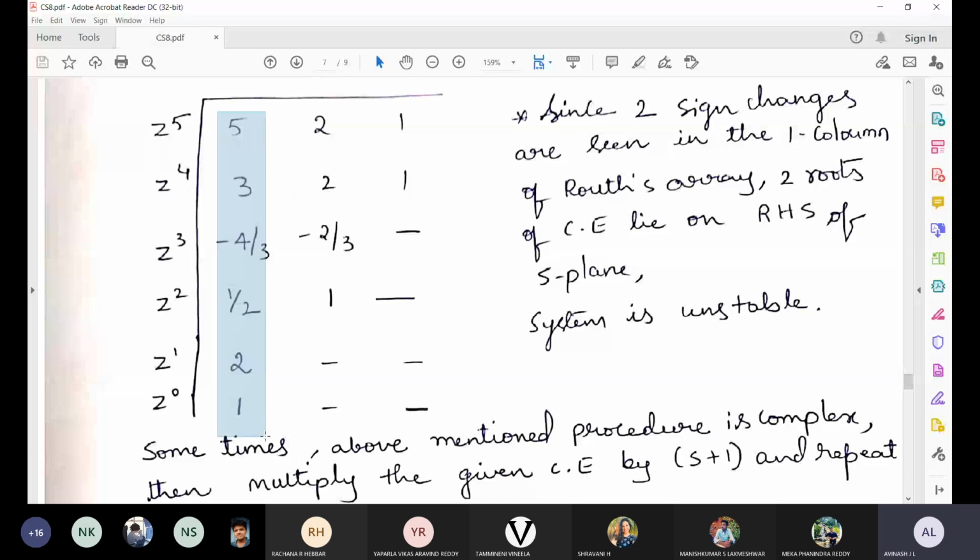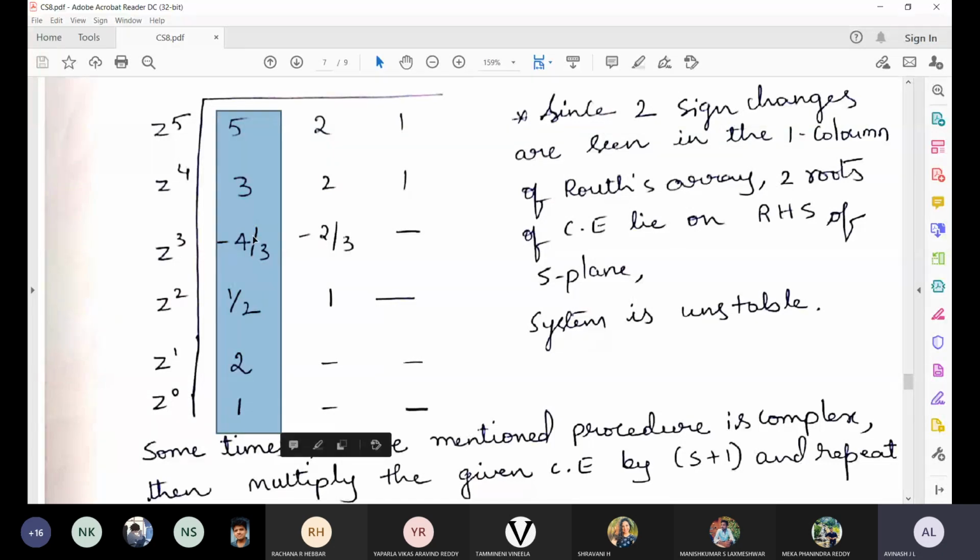When we do this process, we will get all the real values, either positive or negative. Once we know all these things, we will justify whether the system is stable or not.